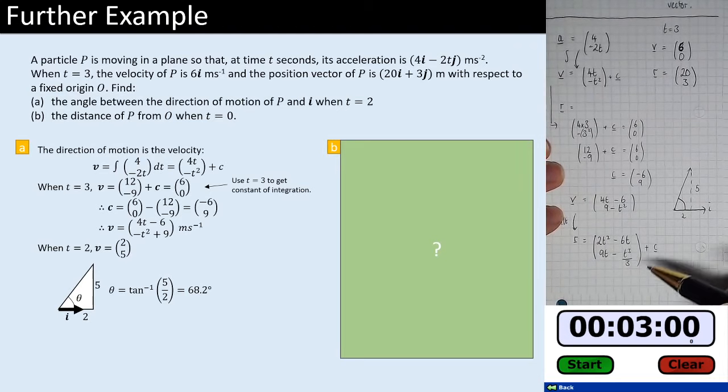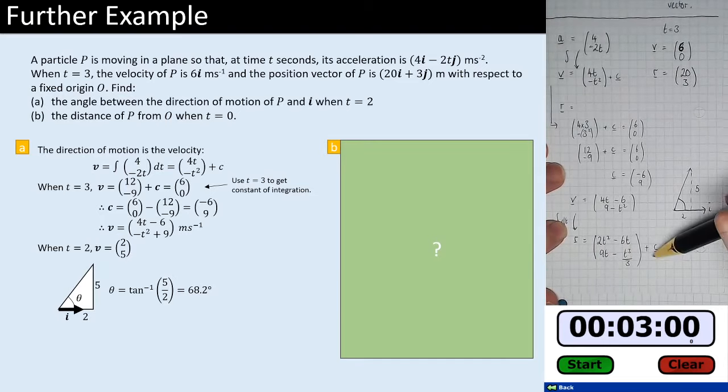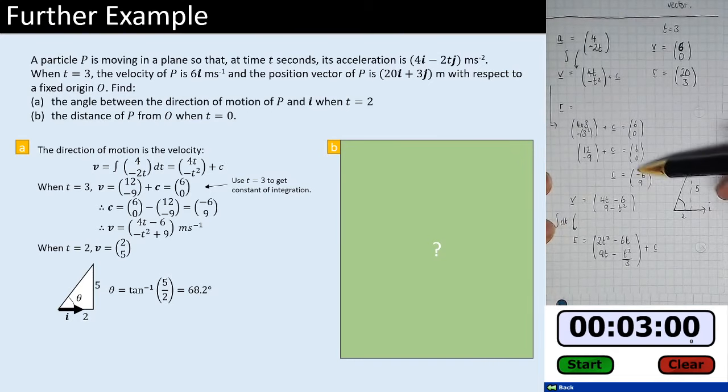And what's the information that we're using? We're using that it is 20 and 3 when t is equal to 3. So we would substitute 3 into this bit here and put it equal to 23 to find out what our constant vector is, just like we did with our vector for velocity up here.